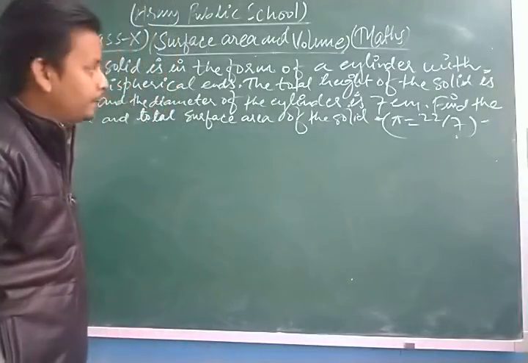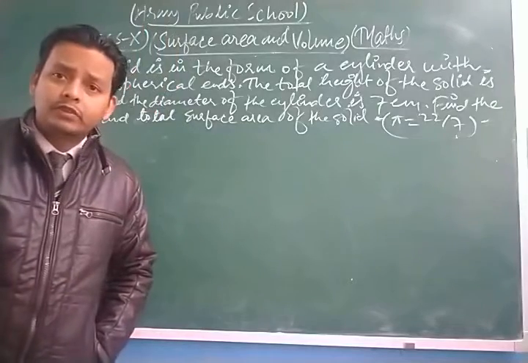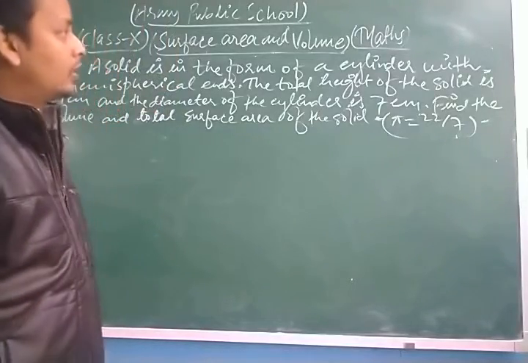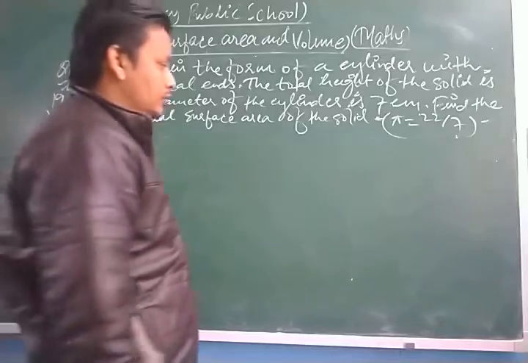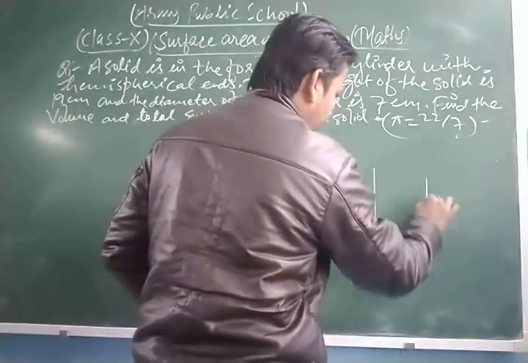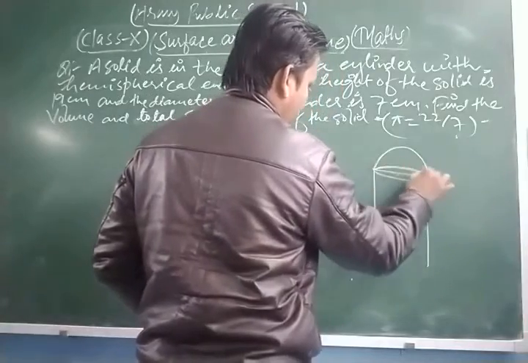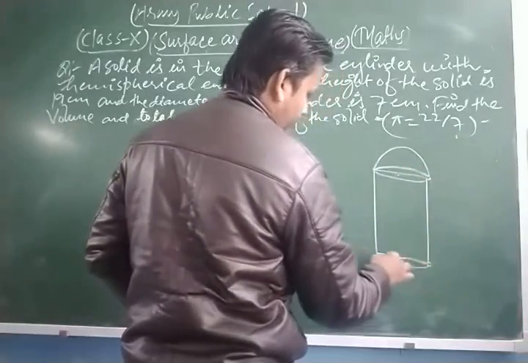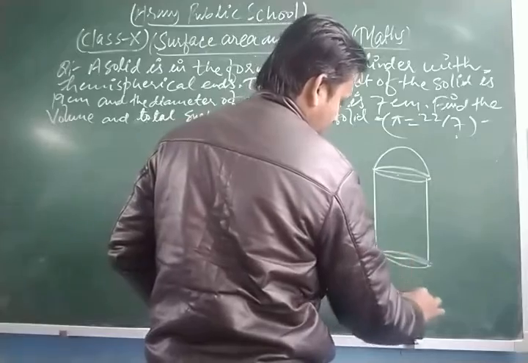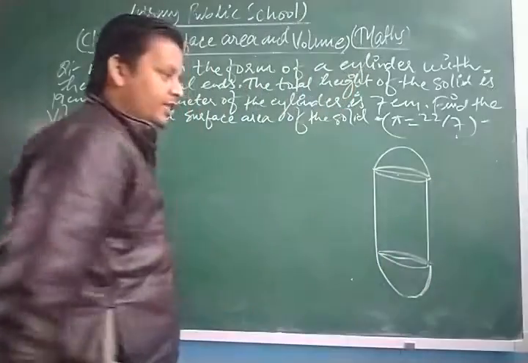Okay, let's see. Here a solid is in the form of a cylinder with hemispherical ends. So the shape of the solid is in this way. This is the shape of the solid, dear friends, with hemispherical ends.